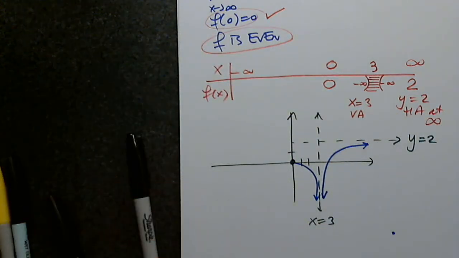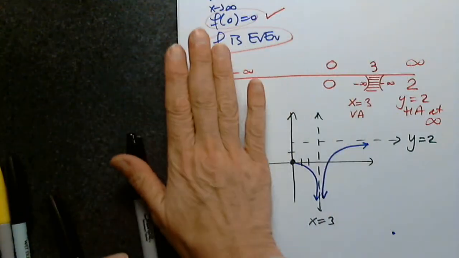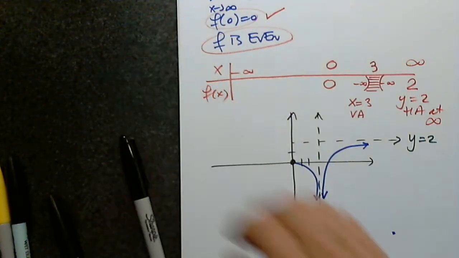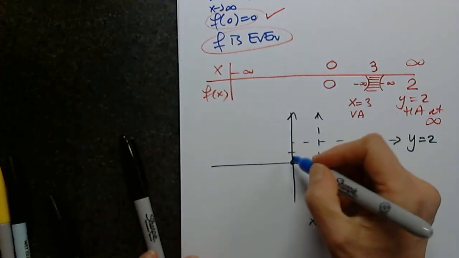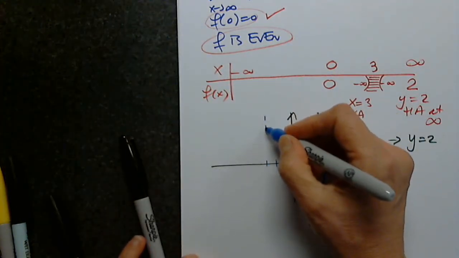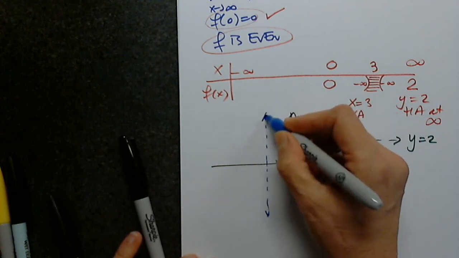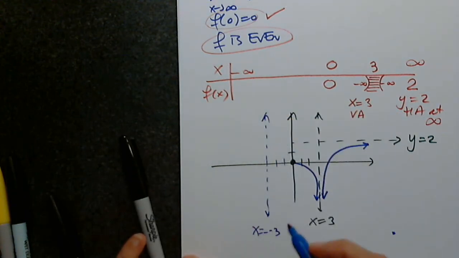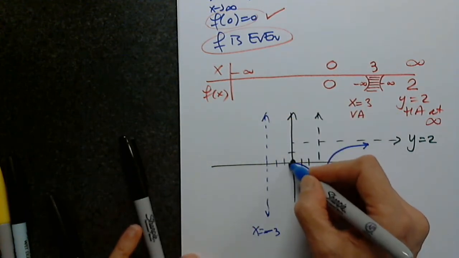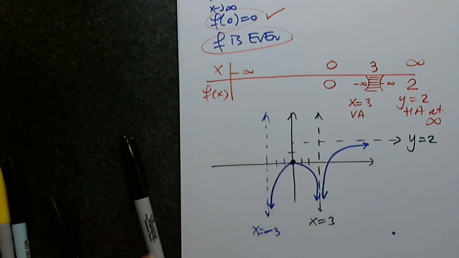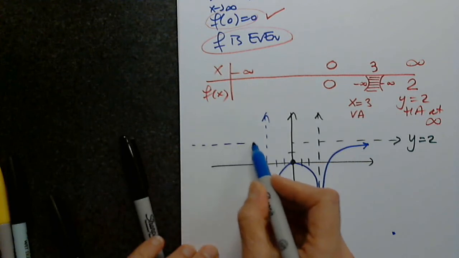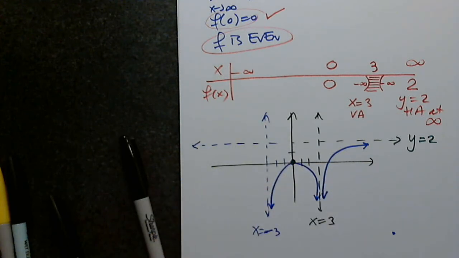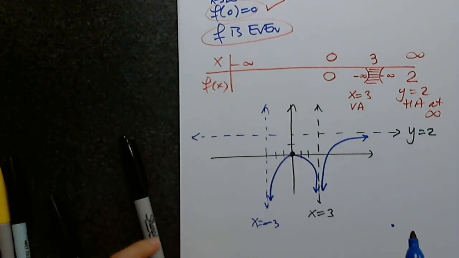Now, to make this function even, it has to be symmetric with respect to the y-axis. So I will have to have, for sure, a vertical asymptote at x equals negative 3. I will definitely have to continue the horizontal asymptote everywhere, as I should have from the very beginning.